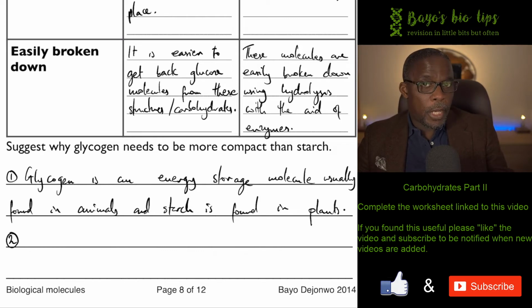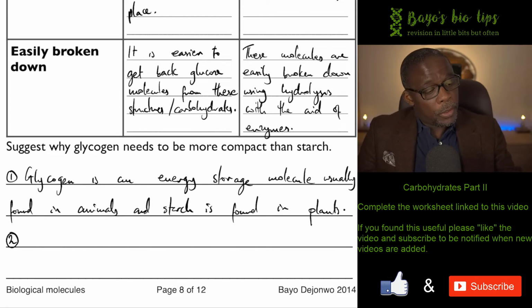Therefore, animals tend to be more active, generally speaking, than plants, and as such they need to be able to access glucose faster and in larger quantities. So it's helpful that glycogen is more branched and therefore can store more glucose molecules per molecule of glycogen than starch.